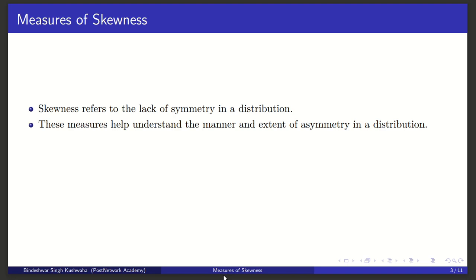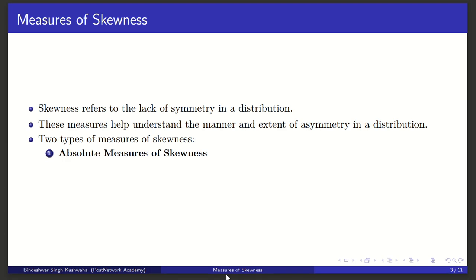These measures help understand the manner and extent of asymmetry in a distribution. Basically there are two types of measures of skewness. The first one is absolute measures of skewness and the second is relative measures of skewness.